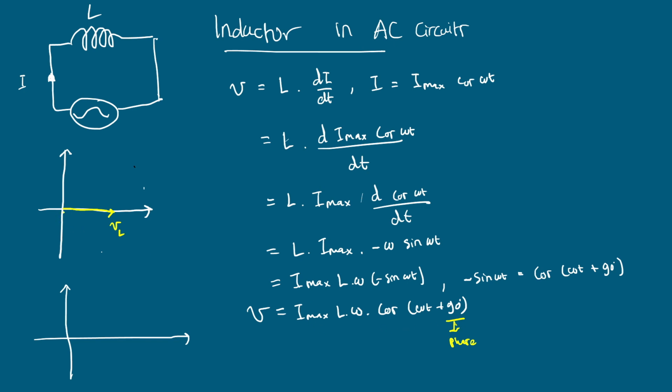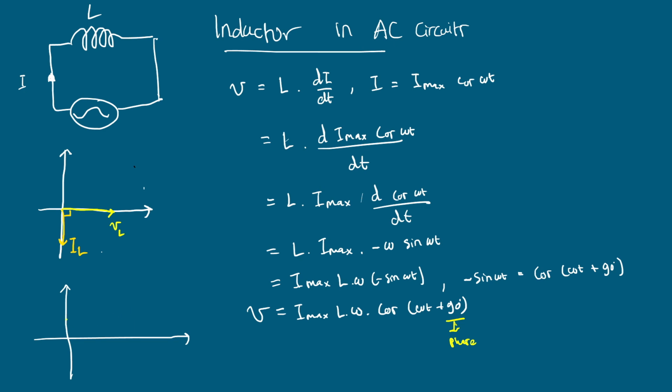Okay, so we can draw the current in a different color, maybe, as this one. This is IL, the current in the inductor. We can see here that the phases are different for both signals.